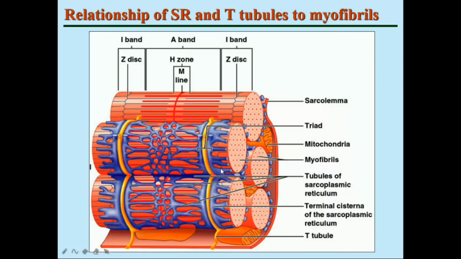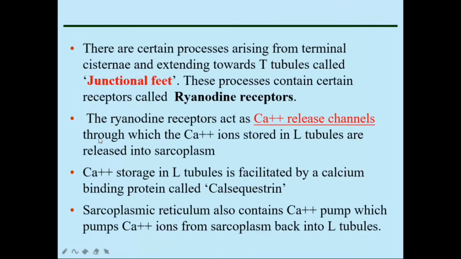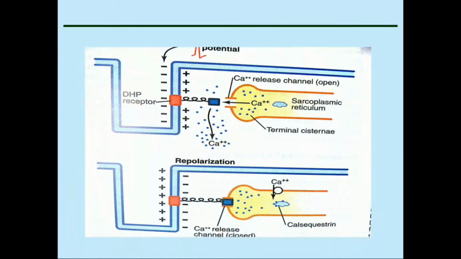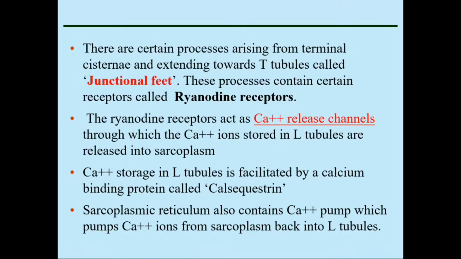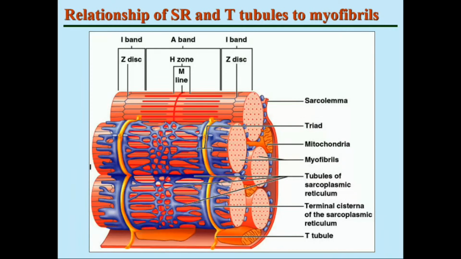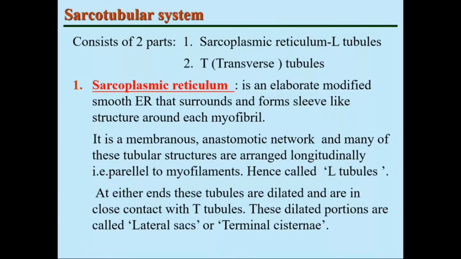These are the dilated structures and they are called as terminal cisternae or the lateral sacs, on one side, and on the other side. Right. So that is the orientation of L tubules.